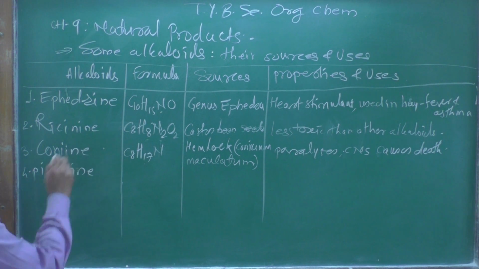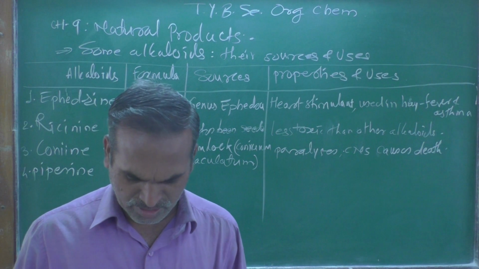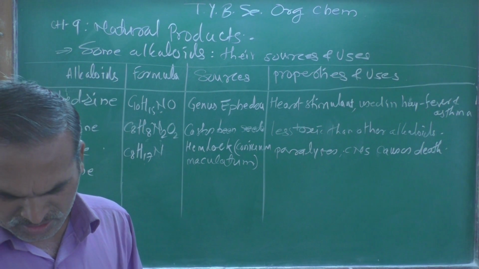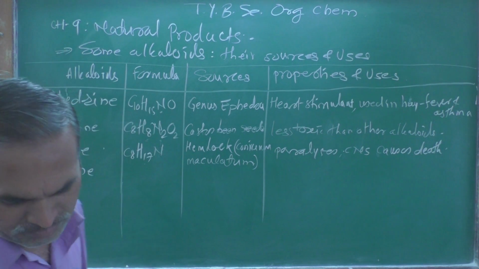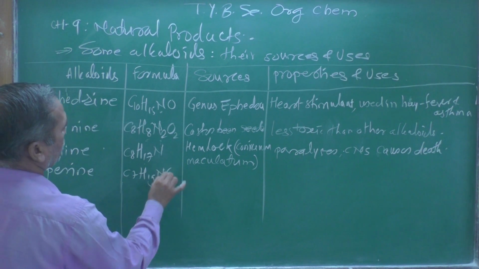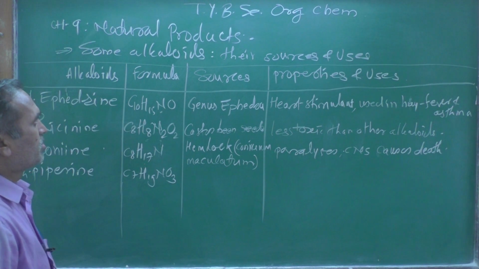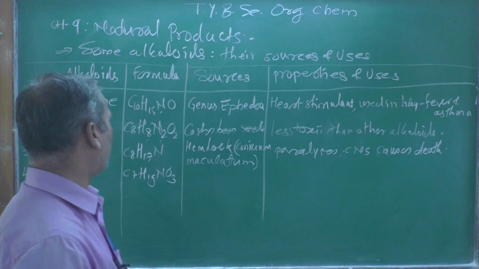Piperine. So that is another name of that alkaloid, and it has a molecular formula C7H19NO3, which is the molecular formula of that piperine.